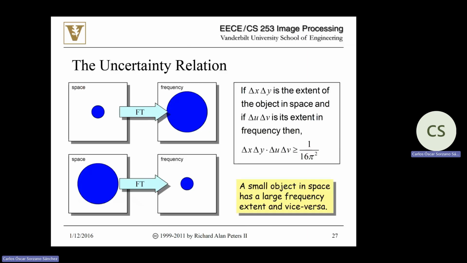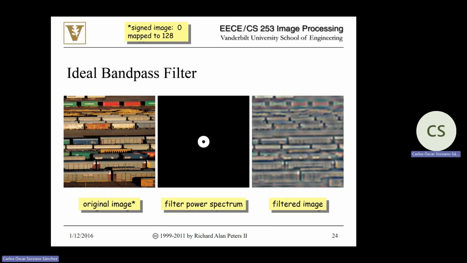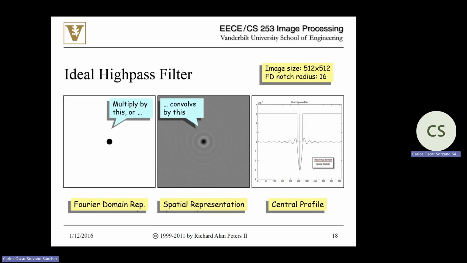Okay, so you may remember that we have this uncertainty principle, in which if something was compactly supported in real space, it was very wide in Fourier space. If it was wide in real space, then it was narrow in Fourier space. We have seen that effect when we presented the low pass filters.